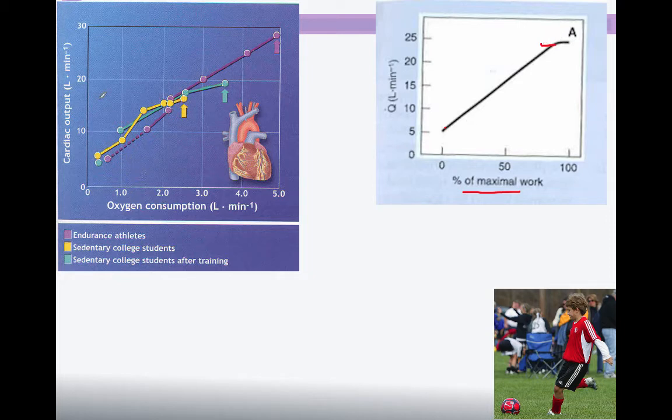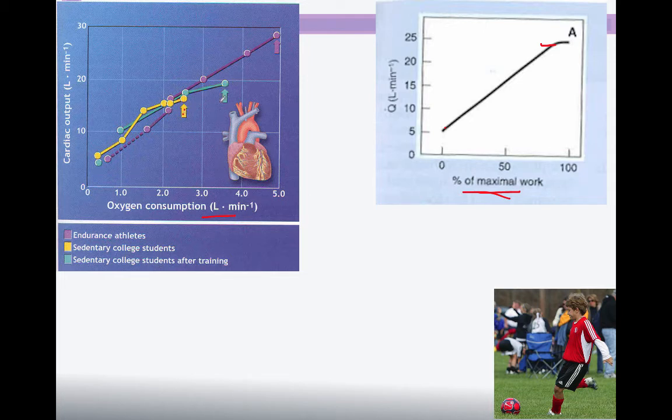Here you can actually see adaptations in the response of cardiac output to, again, incremental exercise. Now it's absolute values because it's liters per minute and not percent of maximum. The yellow is sedentary college students. The greenish is those same students after they've done a couple of months of training.